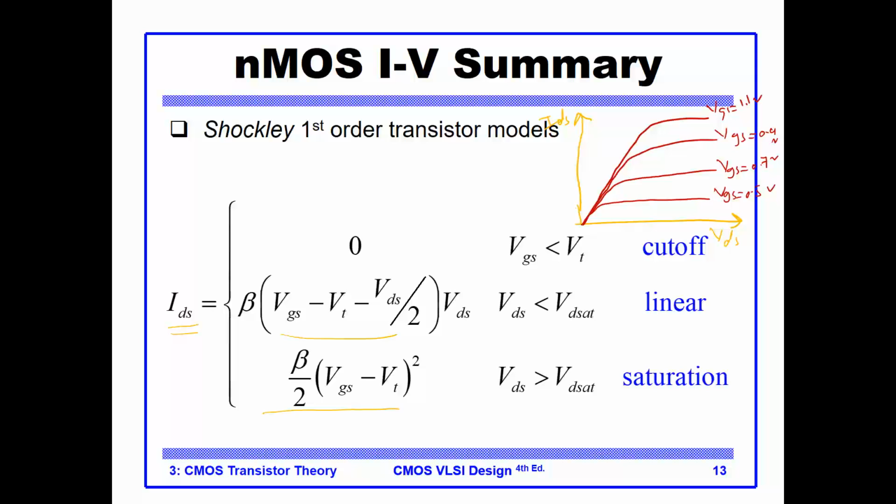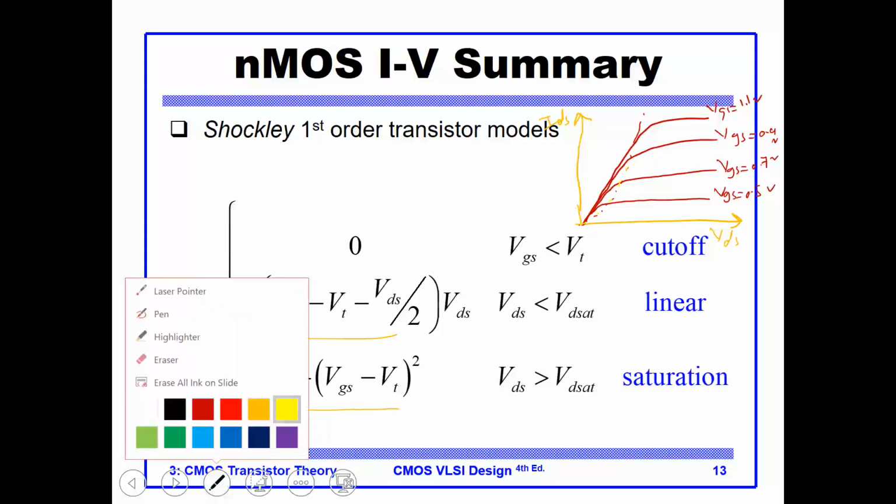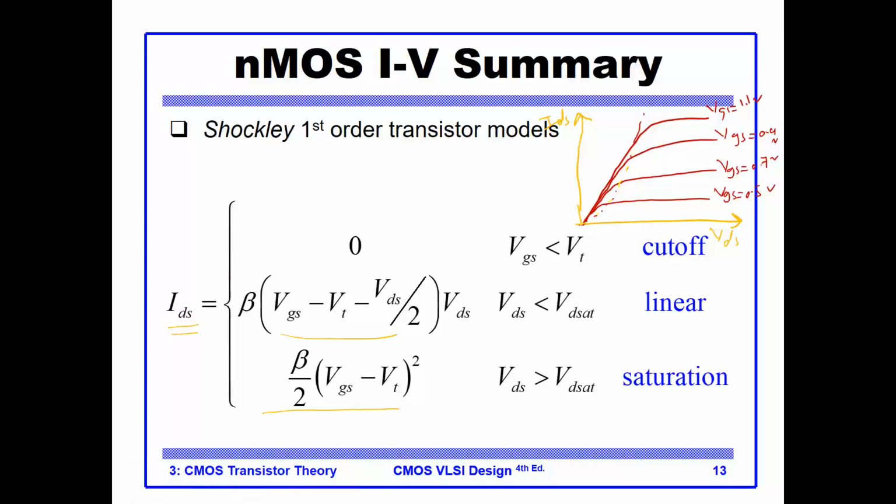Then you can see that the current goes through the linear region, and this is the saturation region, and the separating barrier here is when VDS equals VGS minus Vt.